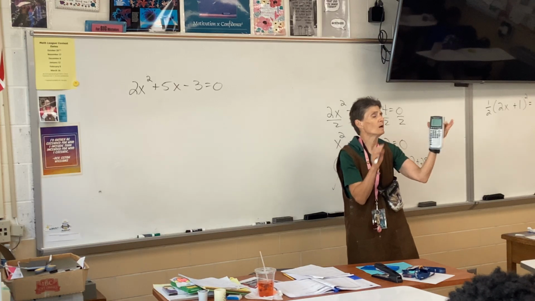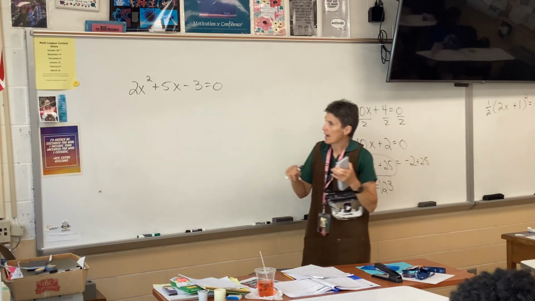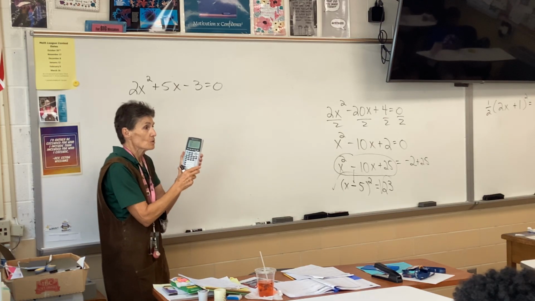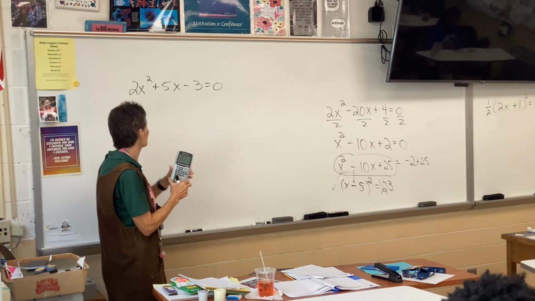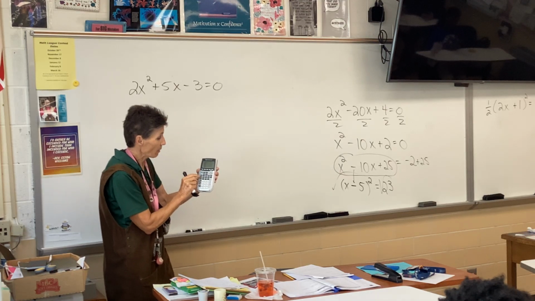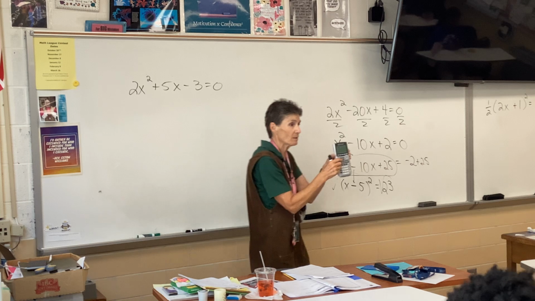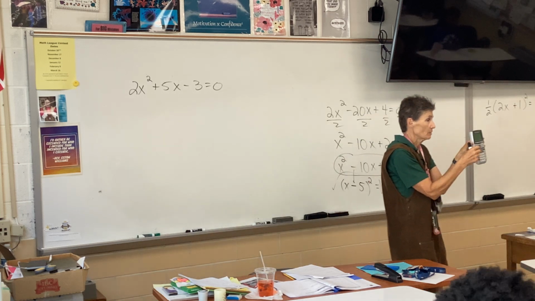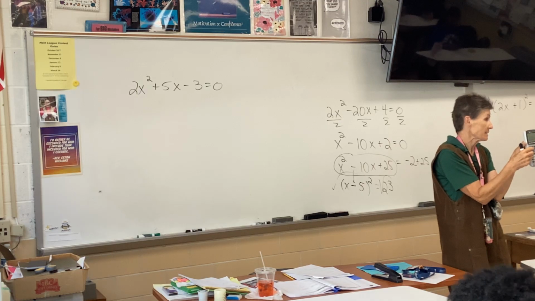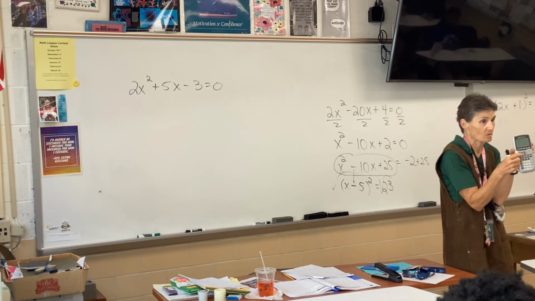It says y1 equals. Now we're gonna type our equation in, okay? So we're gonna hit 2, and then we're gonna hit X. Now X is this button right here. Look where I'm pointing. See, it has an X on it. It's got other stuff on it, but it has an X on it.